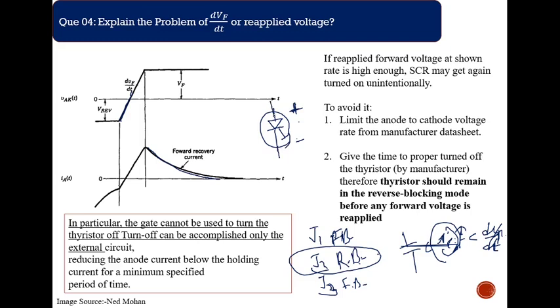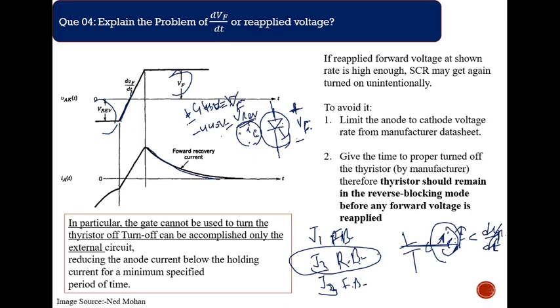For now, if you apply plus or minus Vf here, the charging current is high, because dV by dt suddenly changes from reverse voltage to forward voltage. For example, with 440 volts, plus stands for the forward voltage Vf and minus stands for the reverse voltage.